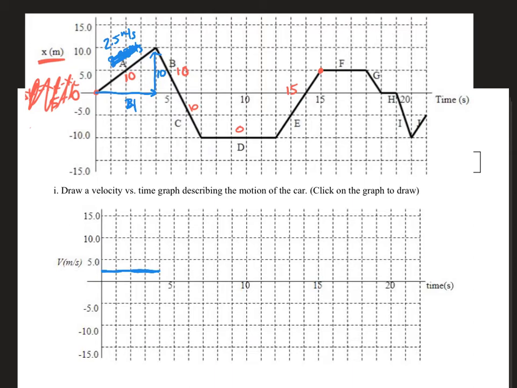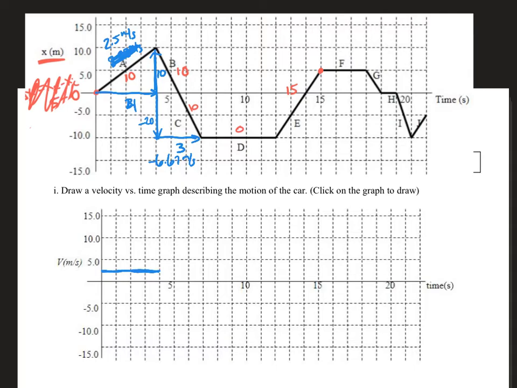B and C are part of the same line, so I'm going to combine them together. The run here is 3, and the rise is from 10 to negative 10, which is negative 20. So what's negative 20 divided by 3? That is negative 6.67 meters per second.